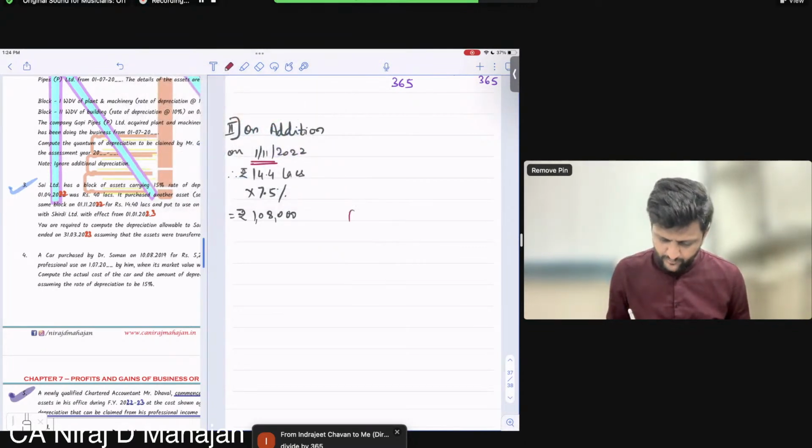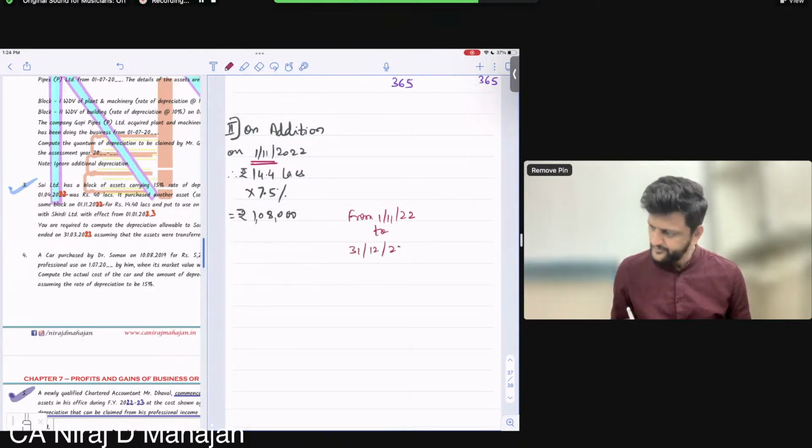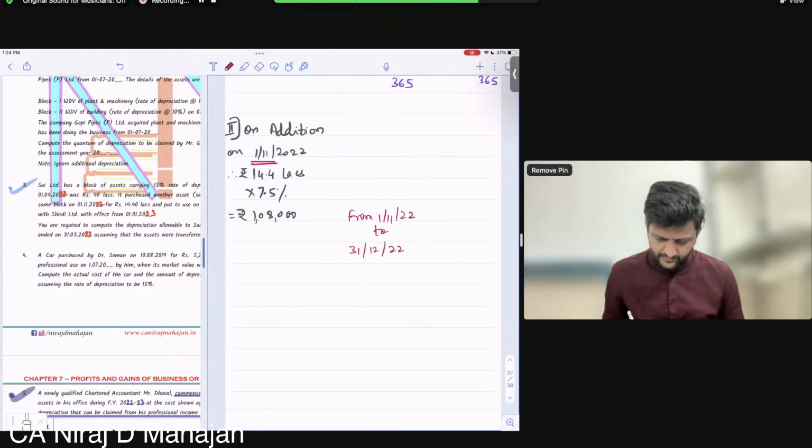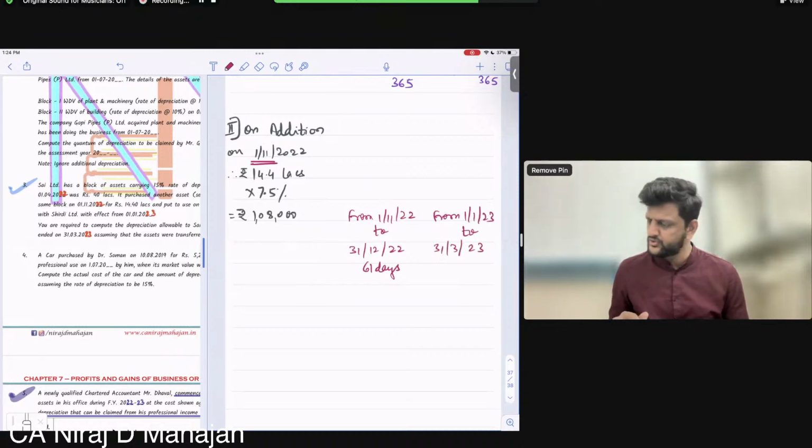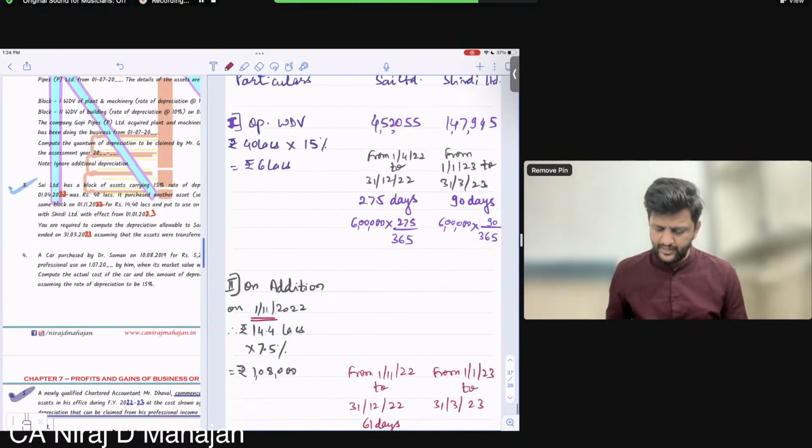So check here: from 1/11/22 to 31st December 22, I think that is 61 days. And here from 1/1/23 to 31st March 23, this is already done, but this is 90 days something. 90 days, okay?